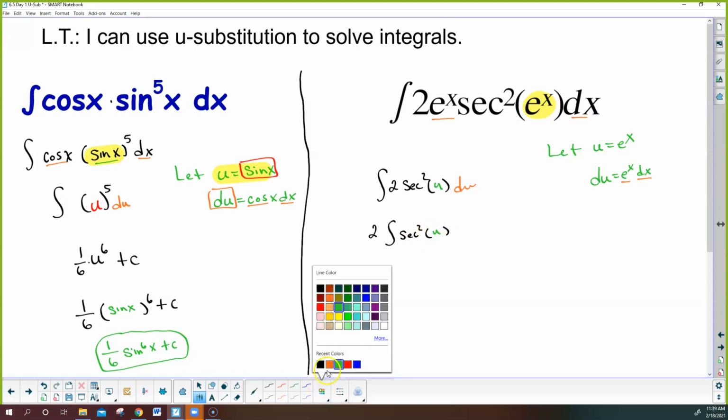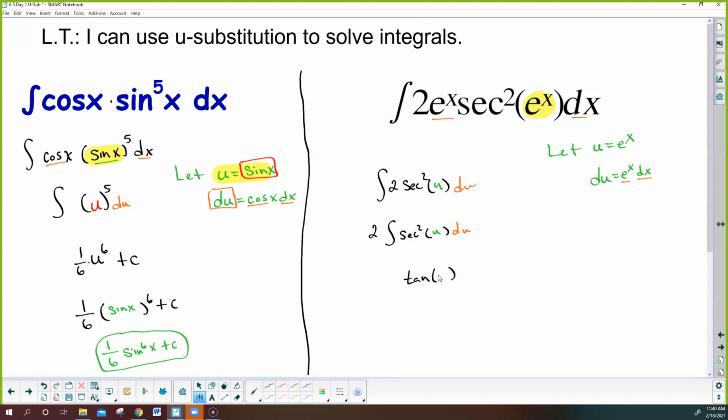And now I'm thinking, okay, I made this integral easier to view with U-substitution. So then I'm thinking, well, whose derivative gives me secant squared? So we're going to do the antiderivative. Whose derivative gives me secant squared? That's tangent of u.